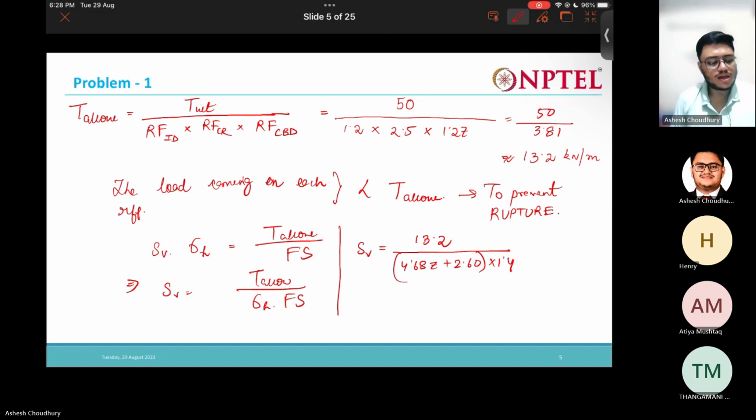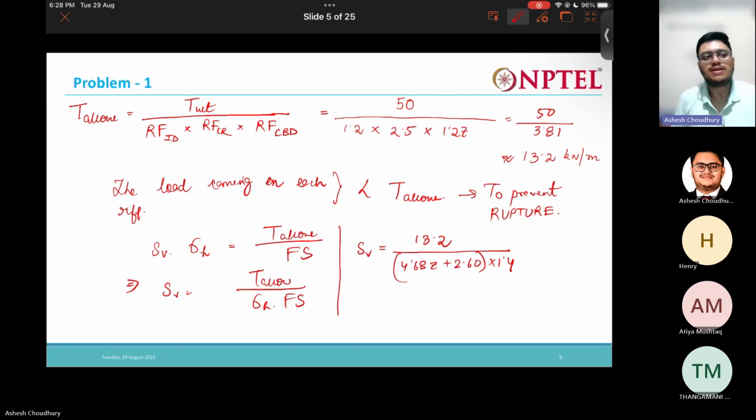Now see, as you can see, as Z, that is the depth, increases, this Sv is going to reduce, we need to provide lesser spacing, because that is quite intuitive, right? We had seen that earlier also, that if the depth increases, obviously we need to reduce the spacing. And here is the reason: if Z increases, obviously this spacing is going to reduce.